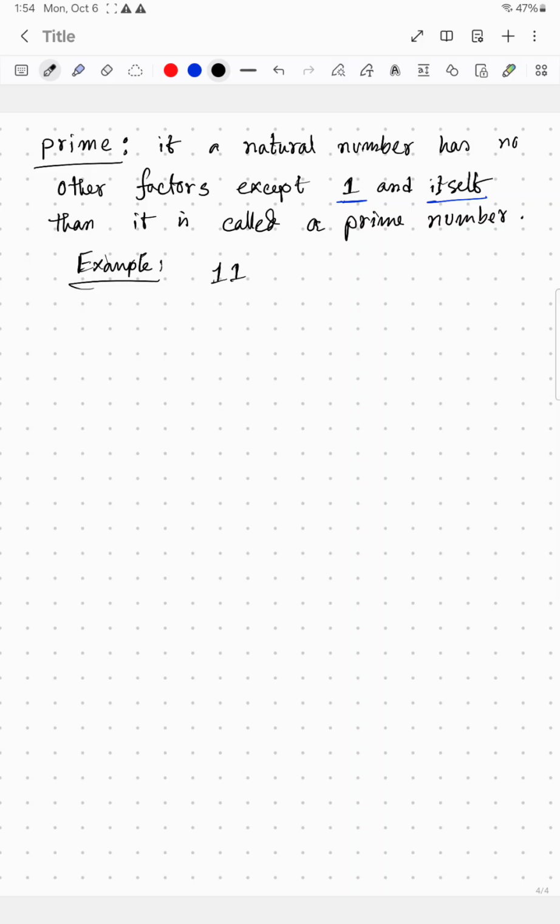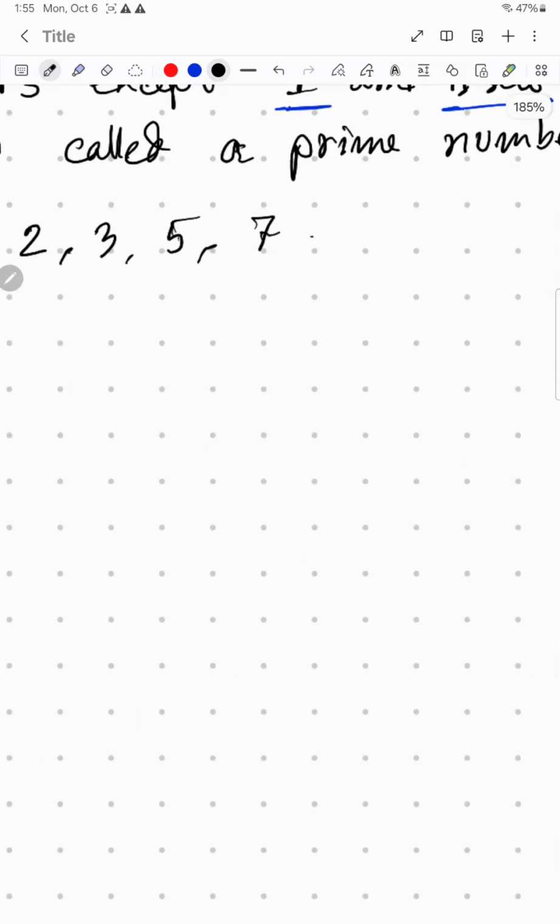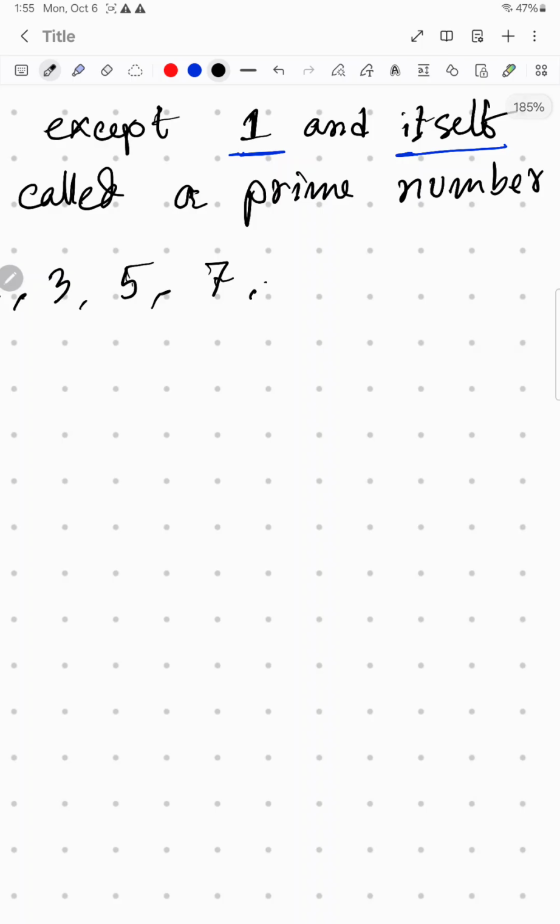So what other prime numbers do we have? The smallest prime number we have is 2, then 3. 4 is not a prime. 5. 6 is not a prime. Then we have 7. 8 is not a prime.